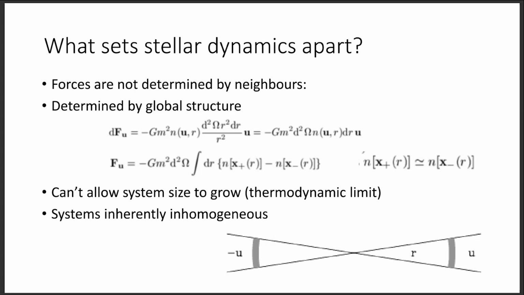You can see that the imbalance in the forces coming from the right and the left will arise from stars which lie at the scale on which the density shifts, which in our own galaxy is measured in kiloparsecs, whereas the nearest stars are on the order of a parsec away. So this is completely different from what happens in an ordinary liquid or an ordinary solid, where it's just the near neighbors that impose forces on each particle.